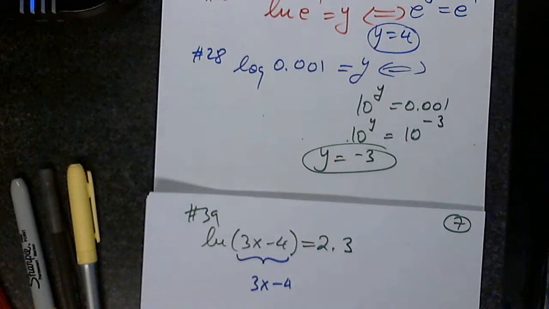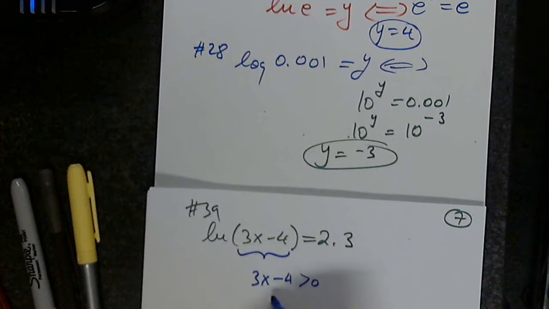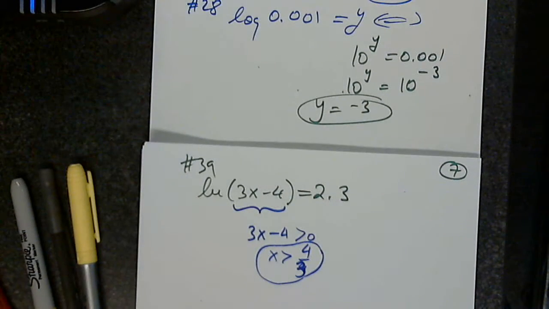What is the quantity that we apply log to this time? What has to happen to 3x minus 4 for the log to exist? Excellent. So then x must be greater than 4/3. If my solution, whatever I get, is not a number greater than 4/3, I'll say sorry, no solutions.